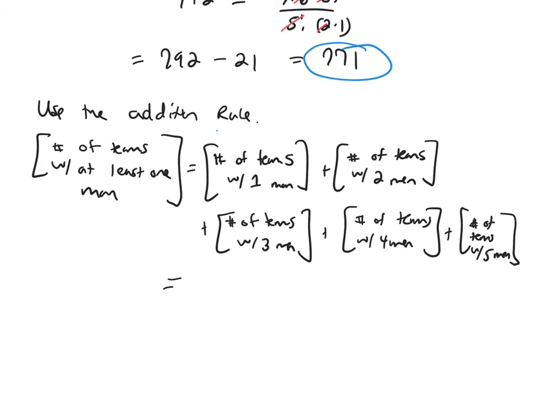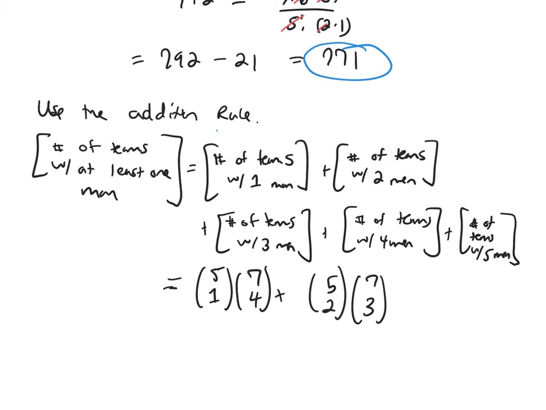On the first one, if I'm selecting 1 man, it's 5 choose 1. And then out of the 7 women, I need to choose 4 of them to complete the team. Then 5 choose 2, and there are 7 women, I need to choose 3 of them. The number of teams with 3 men would be 5 choose 3, and then out of the 7 women, I need to choose 2 more.